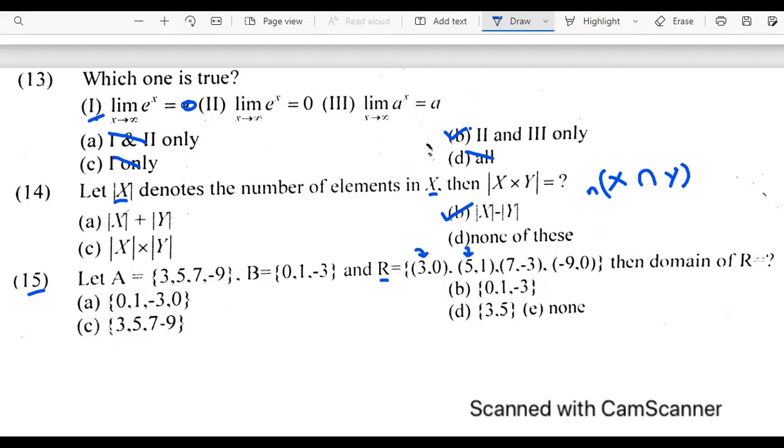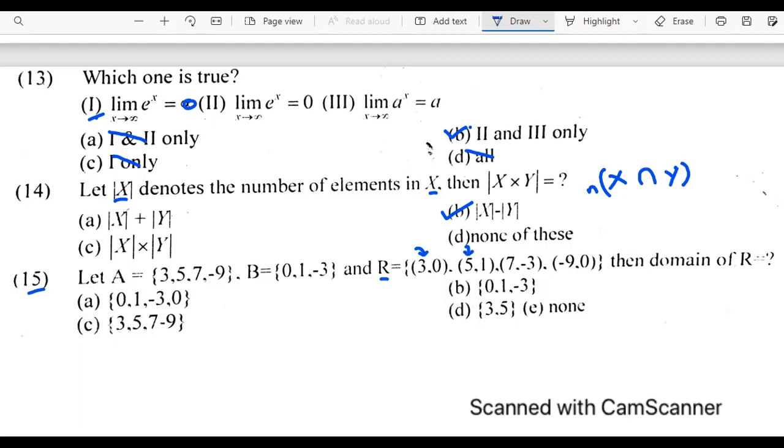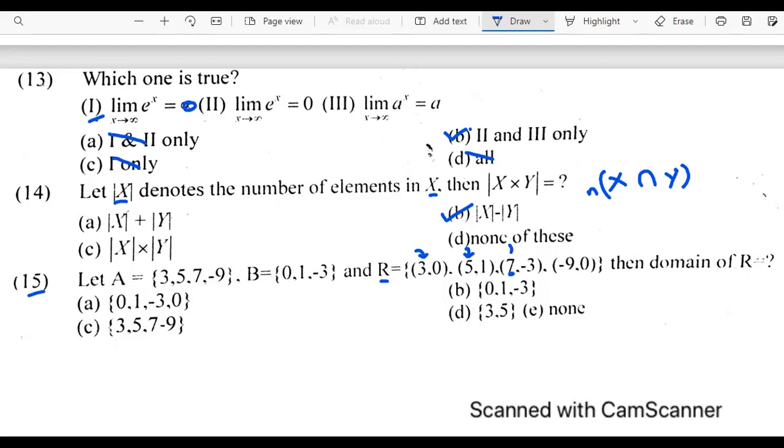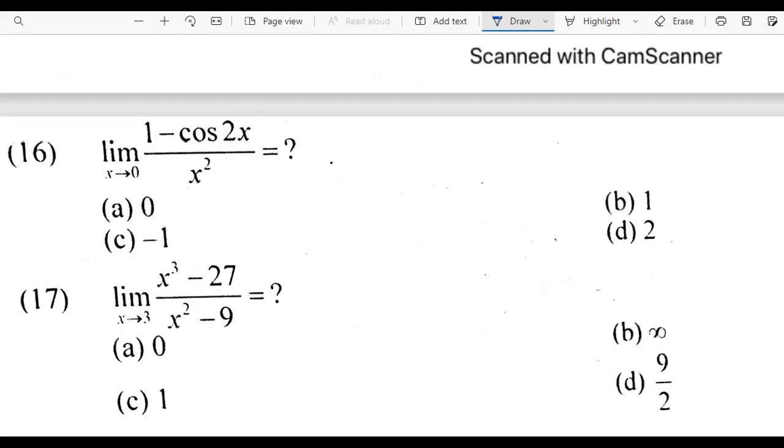So since this set R is telling us the values of the function at their respective x values, we just need to find out the x values because we are interested in the domain. So x's are 3, 5, 7 and minus 9. This means that the answer would be C option. Okay, let's talk about the next question, that is the 16th question.